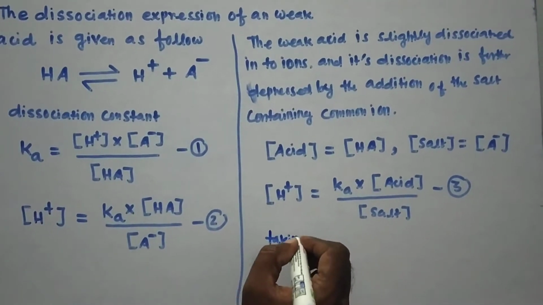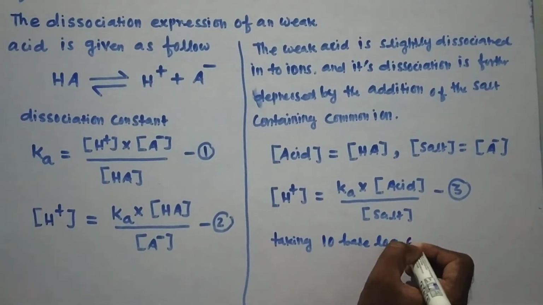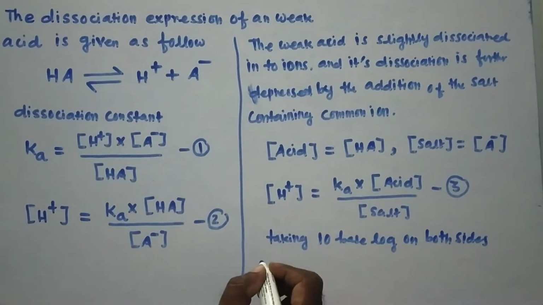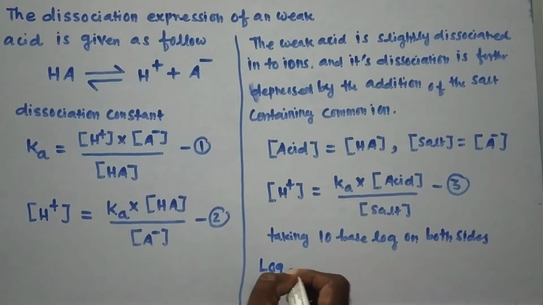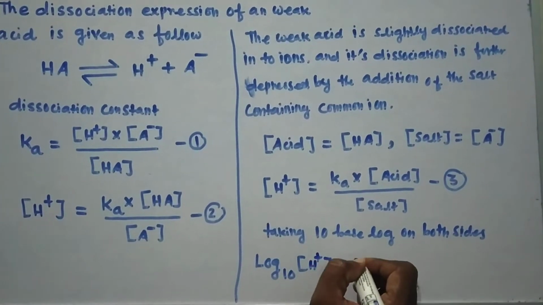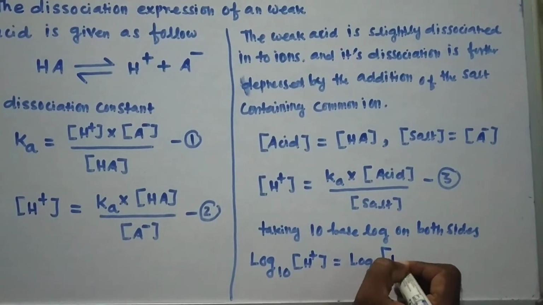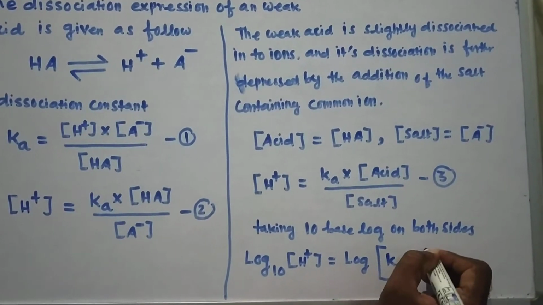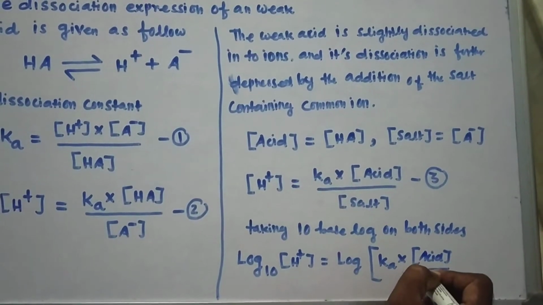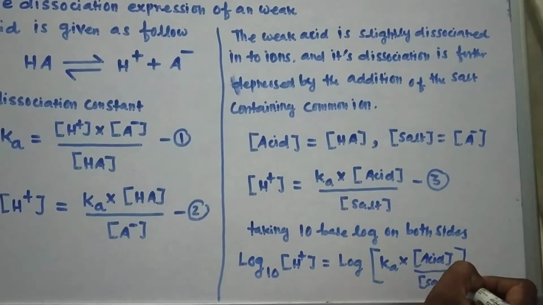Okay. Now we are going to take the 10 based logarithm on both sides. Taking log base 10 on both sides, so it will give log base 10 H plus is equal to log Ka into concentration of the acid divided by concentration of the salt into square bracket.